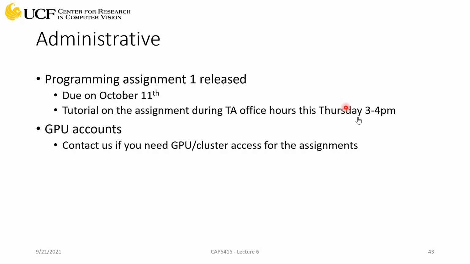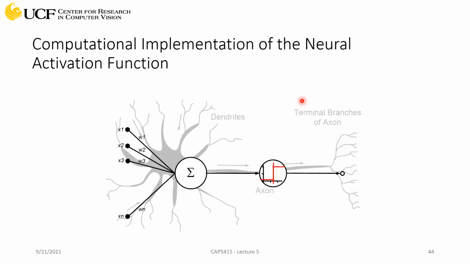Okay. So if there's no other question, let's continue the lecture from last week, where we were talking about neural networks. Last time we discussed how perceptrons are actually similar to the neurons in our brain. The neurons in our brain have dendrites where they receive the signal, right?